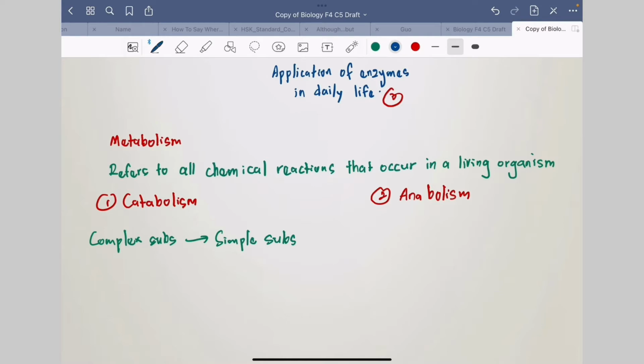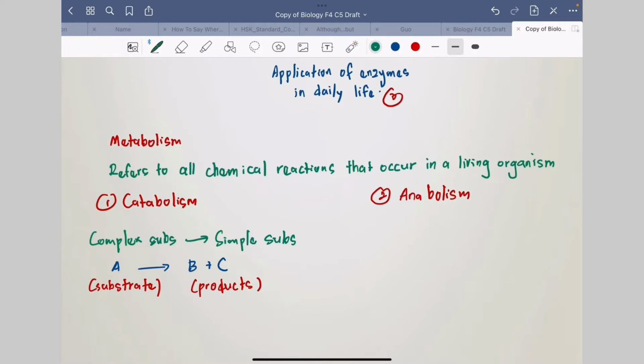In the equation, we write it as follows. A is the substrate that undergoes a breakdown process, becoming products, which are B and C. And this arrow shows the breakdown process that happens in these chemical reactions.